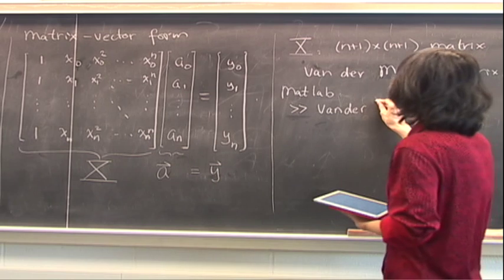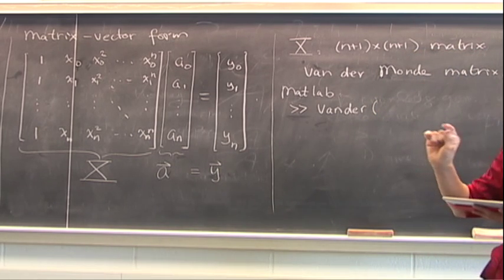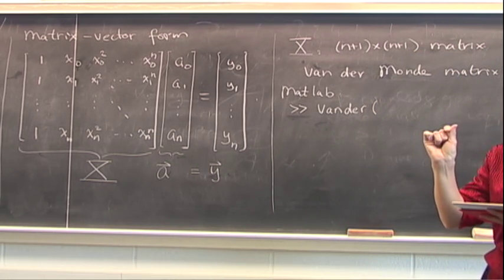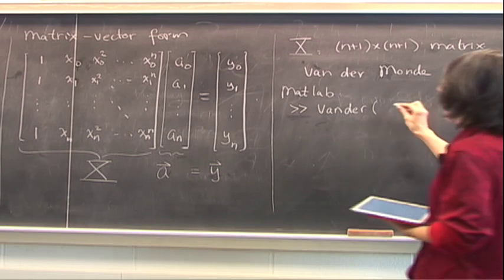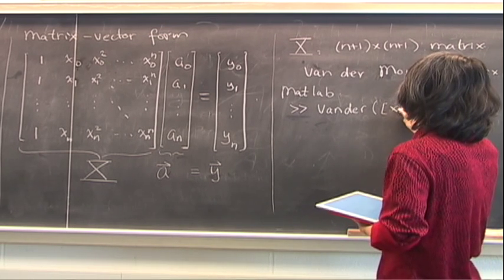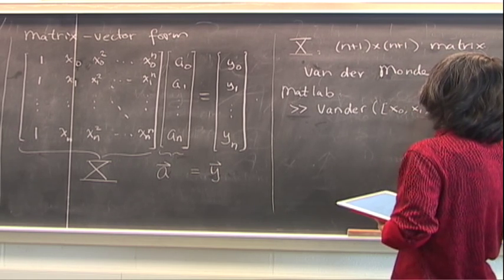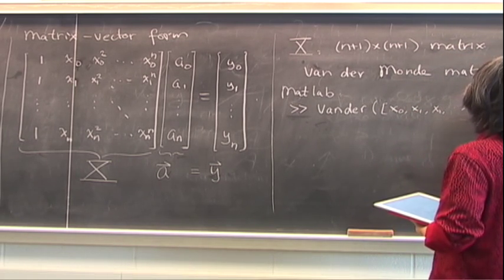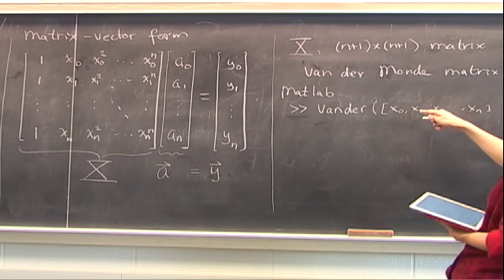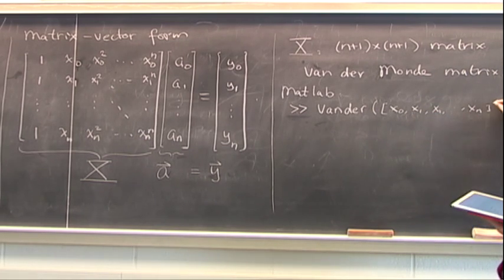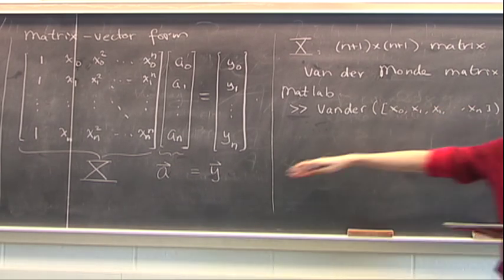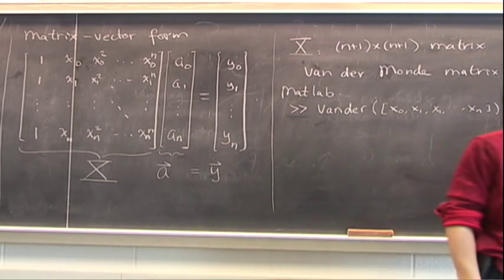And then what you send in is a vector containing all these x's. Is that clear? So let's say you were putting x0, x1, let's put a comma, x2, depending on how you set up the vector. Or you can send in an x. You can send in a little x as long as you know it's a vector. You give it in, it will generate this matrix for you.